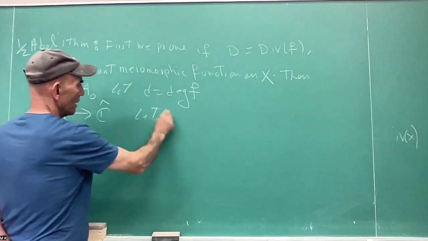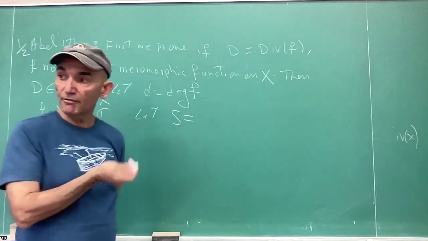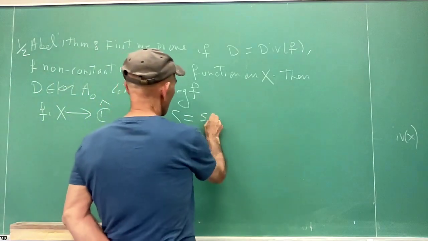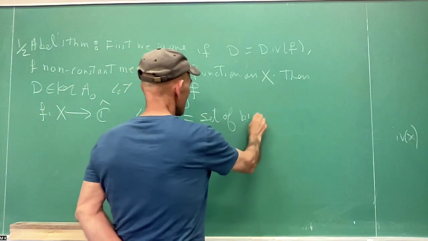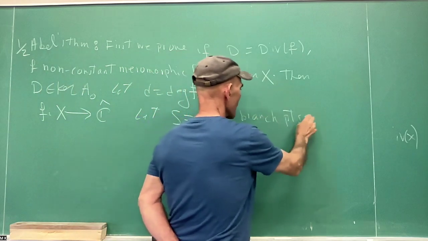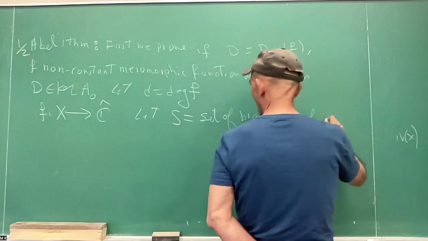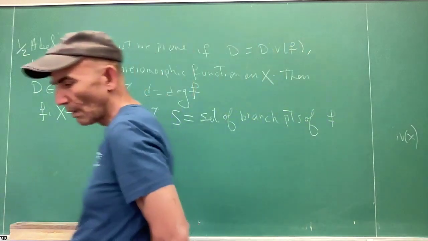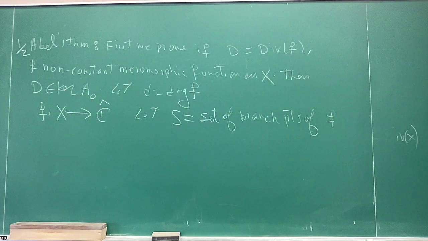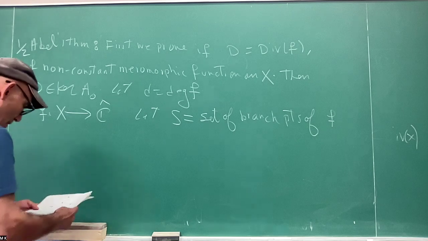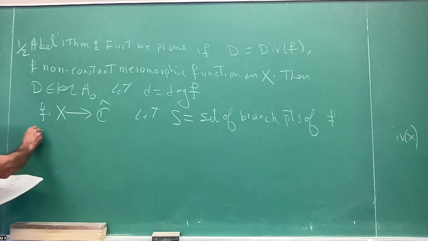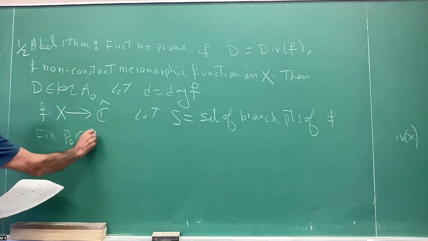Let S be equal to the set of branch points of F. So let me make sure I use the notation. Fix again, as usual, P0 belonging to X.